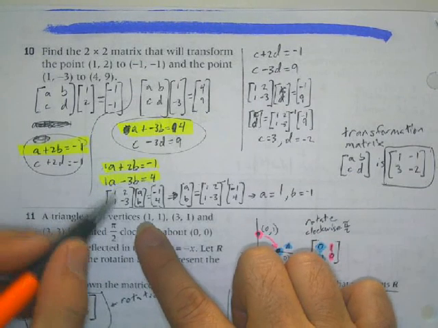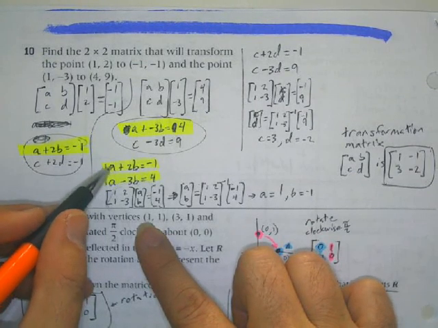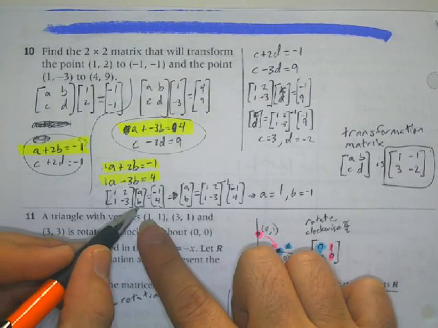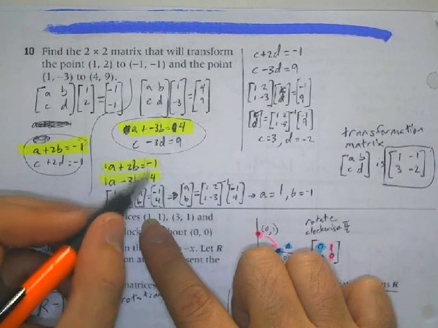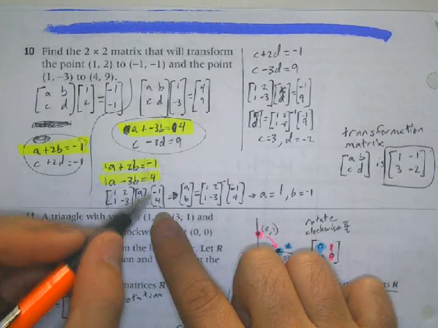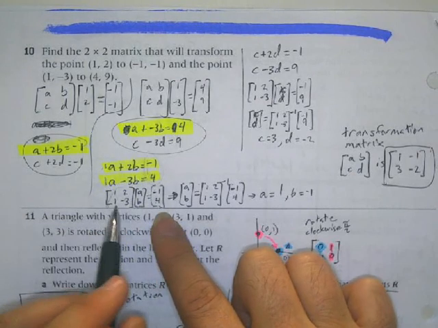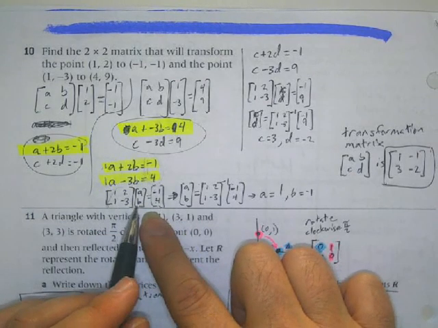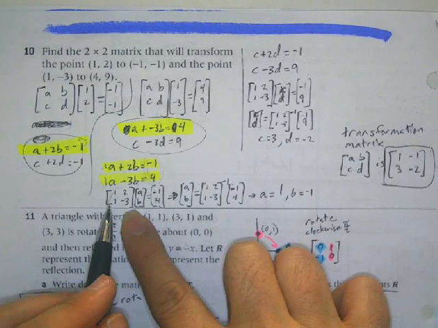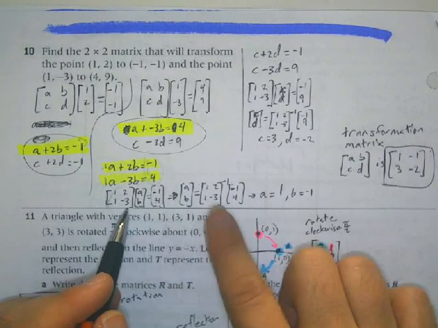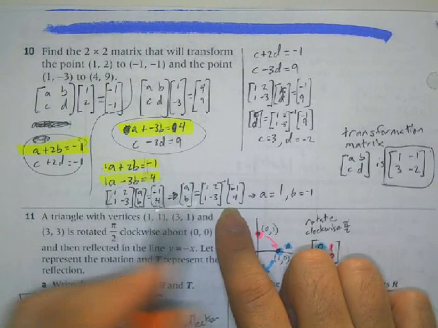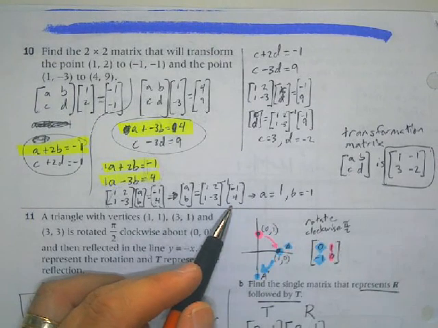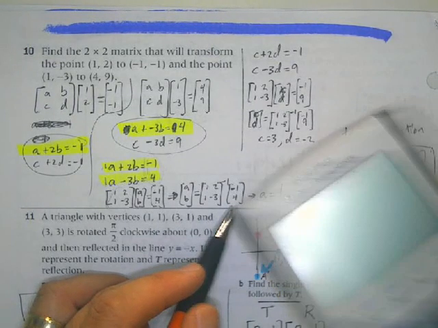My variable matrix is A and B, and the constants matrix here is negative 1 and 4. Now, in order to find out A and B, I need to do the inverse matrix of 1, 2, 1, negative 3, and I multiply that inverse matrix times negative 1, 4. And if I do that all in my calculator, I end up with 1 and negative 1.